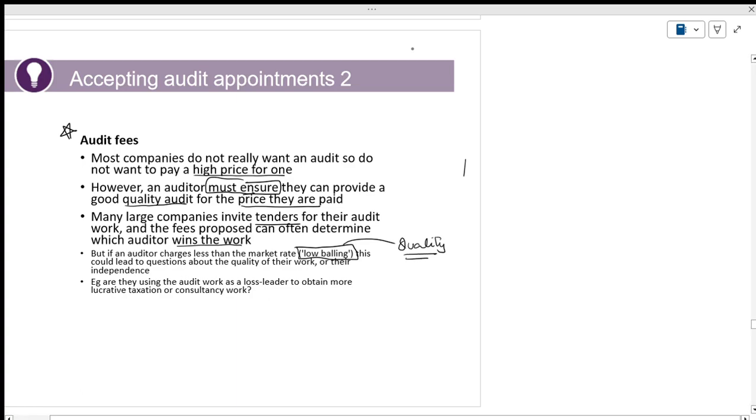If they are charging less than the market value, then definitely you see what the quality of the work is. Are they independent? Are they having good resources? See, people get attracted. Very simple. It's a part of the system. I will not take names, but there are so many audit companies.